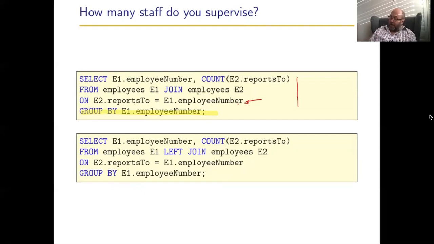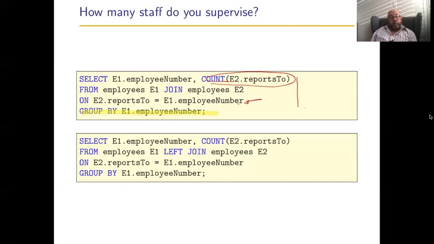That means if I count the number of distinct reports to rows, that will tell me how many people E1, this particular employee, supervises. And so that's the number that's going to be produced.